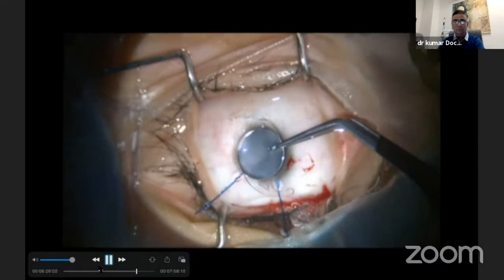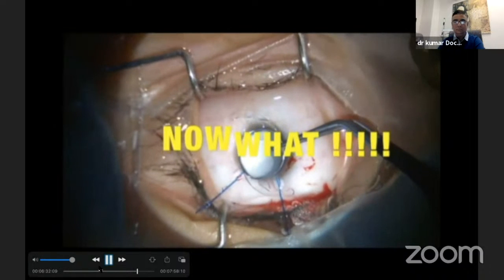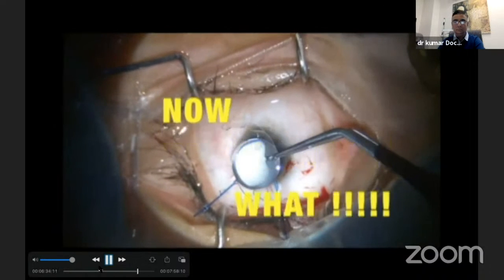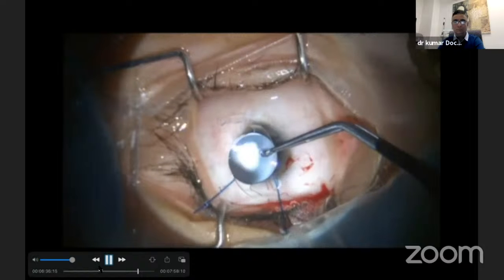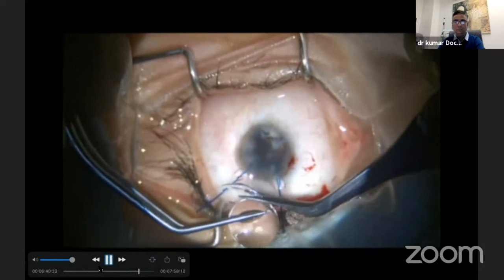Post-op, a 29 diopter hydrophobic IOL was taken, but it would not fit in the eye. So I decided to cut the haptics and just place the optic disc in the bag.